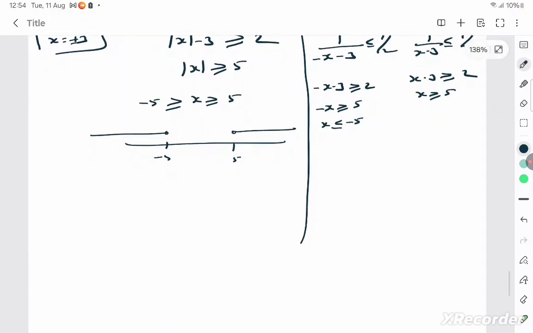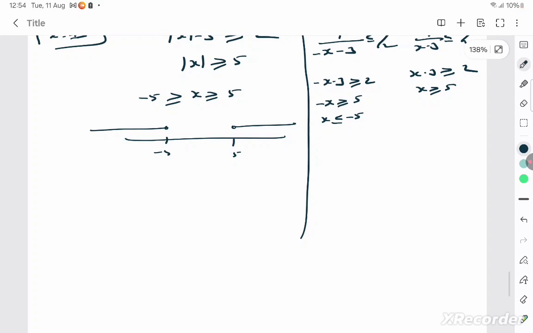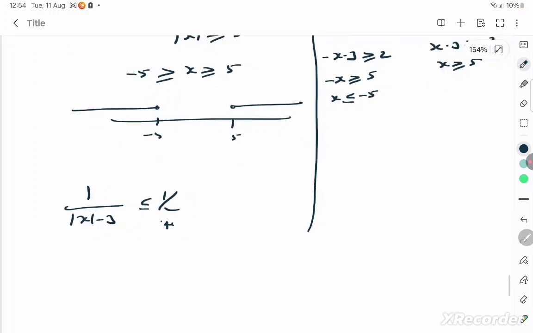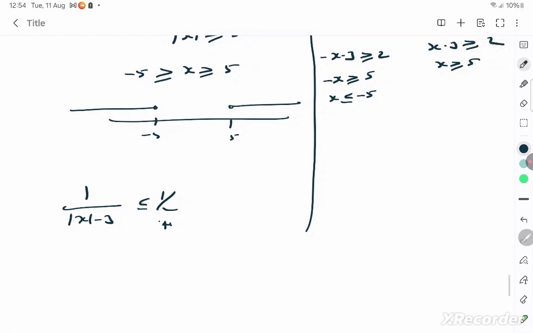But I still feel there's something wrong with what I have done. Let's see. So they have taken 1 by mod of x minus 3 is less than half, which means this can have a lot of negative answers also. So many negative answers, and also decimal numbers. So let's consider there are negative answers possible.